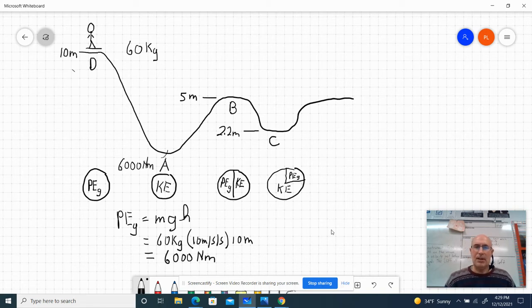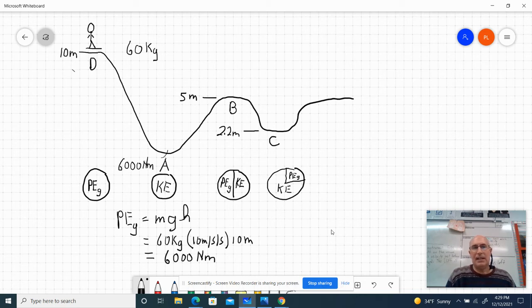Well, then let's look at the third pie. How much gravitational potential energy is going to be there and how much kinetic energy is going to be there? Well, again, we made this pie half and half. We showed that the gravitational potential energy was half of what it was at the start because the height was half what it was at the start. And gravitational potential energy depends on height. And so, since we know it's half, half of what?